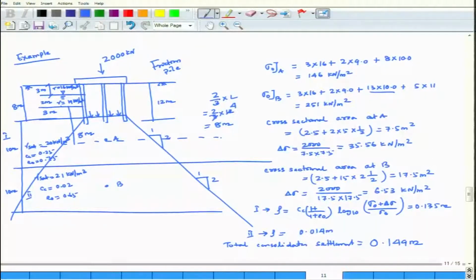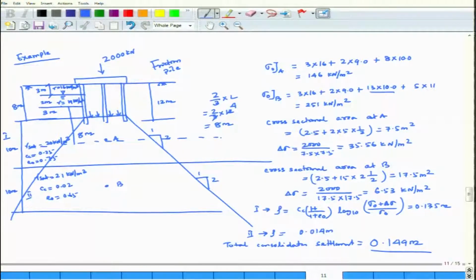Then the consolidation settlement of layer 1 and of layer 2 has been calculated. So, total settlement comes out to be 0.149 meter. Now, this is an example. I solved it considering a pile group settlement.